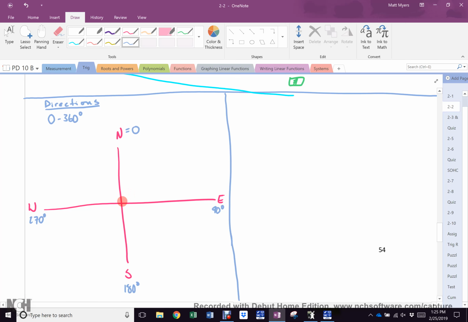This will be Hazel's path. Agreed? Now, if we are going to do math with that, we need to make what shape to do trigonometry? I must make a triangle, which means I could go here or I could go here, yes?